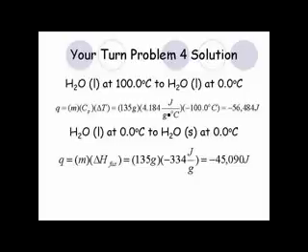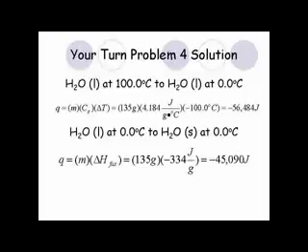Again, the change in temperature here would be the temperature final 0 degrees minus the initial temperature of 100 degrees Celsius, so you get a negative change in temperature. And our final quantity here is negative 56,484 joules.